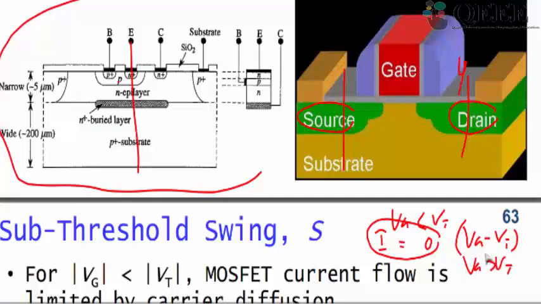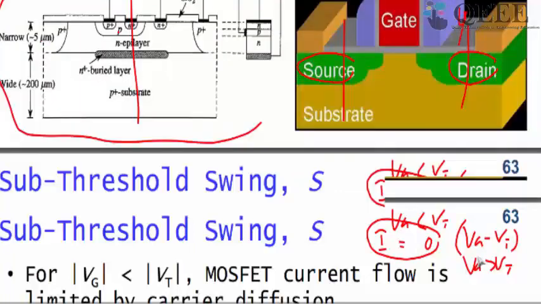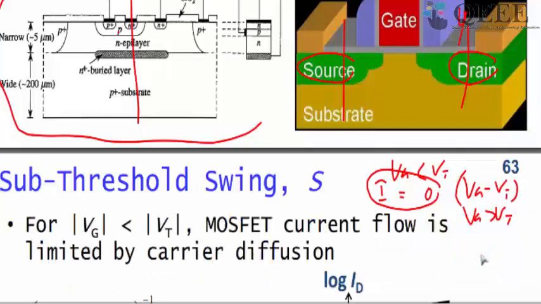If you approach MOSFETs with that model in mind, it says that there is no current flowing through the channel when the gate voltage is less than Vt. But that is not correct. That is because we saw that what the gate does is that it modulates the barrier between the source and the channel.